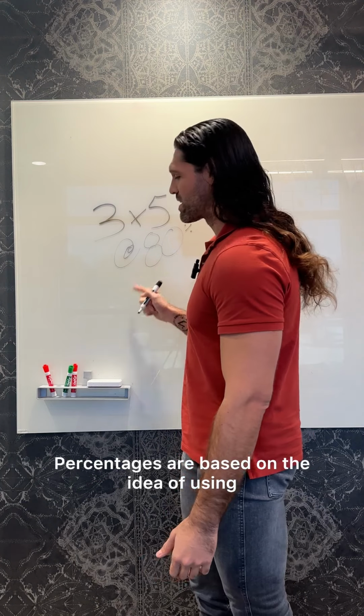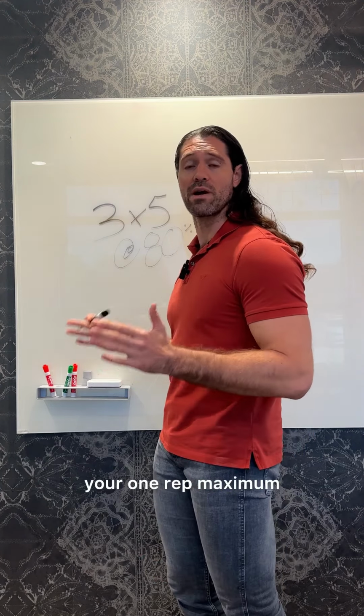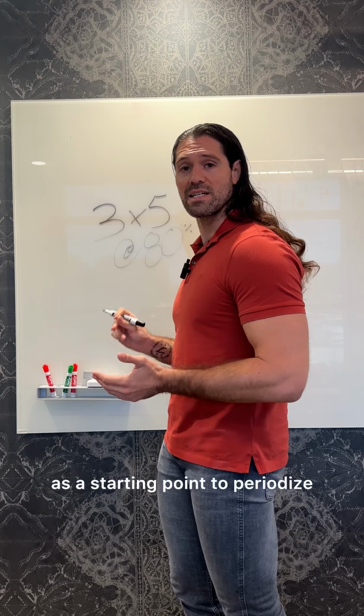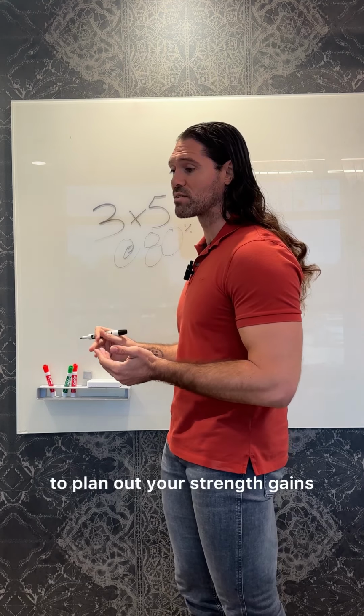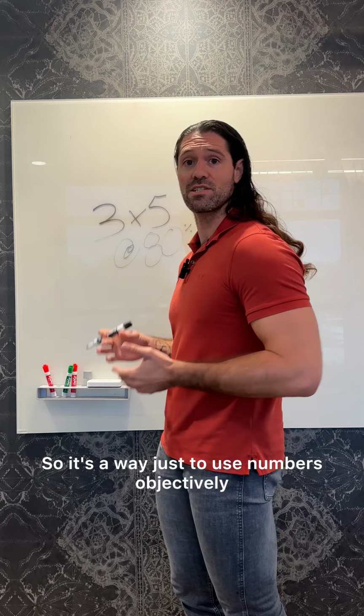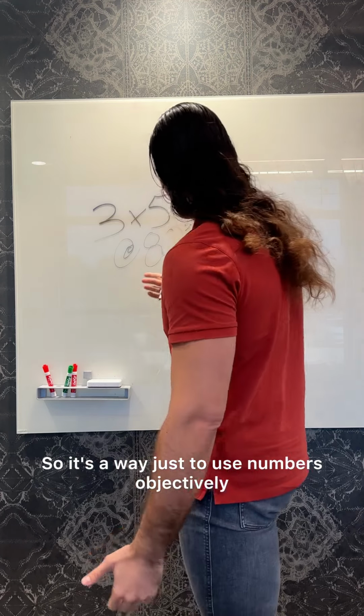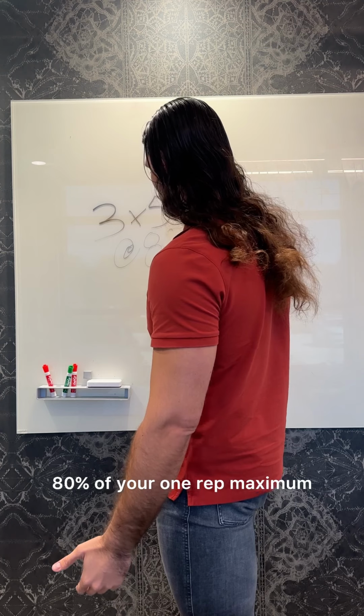Percentages are based on the idea of using your 1 rep maximum as a starting point to periodize, to plan out your strength gains. So it's a way just to use numbers objectively. 80% of your 1 rep maximum.